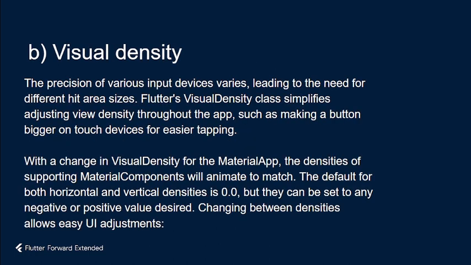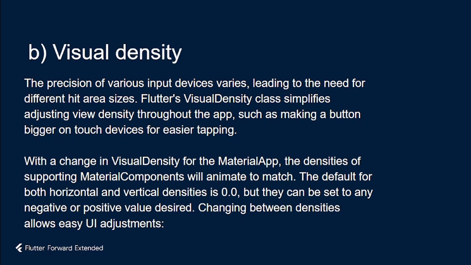Visual density has to do with the precision of the various input devices, which varies, leading to the need for different hit area sizes. The Flutter VisualDensity class simplifies adjusting the view density throughout the app, such as making a button bigger on touch devices for easier tapping.